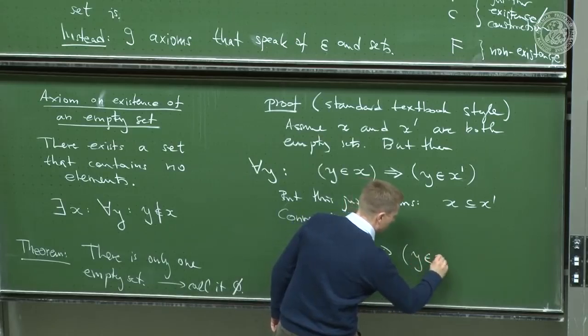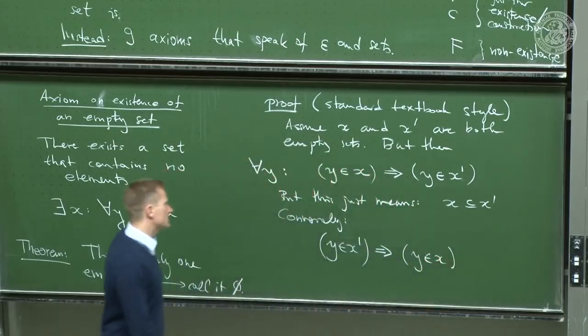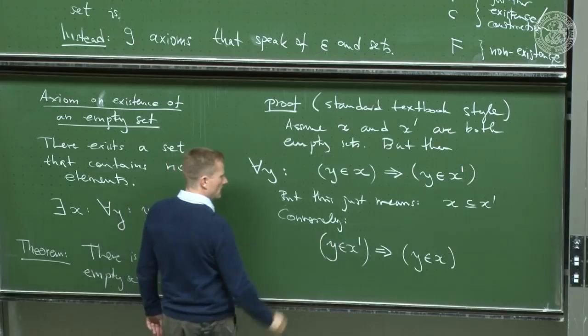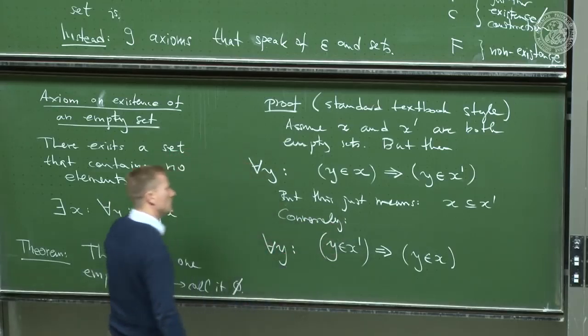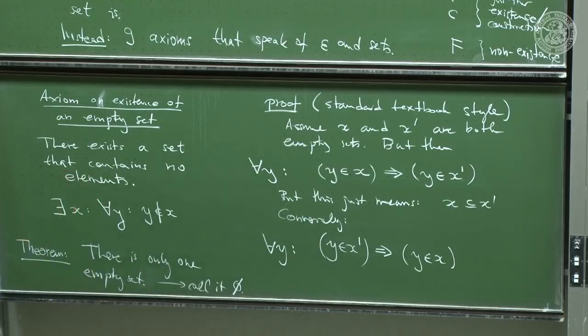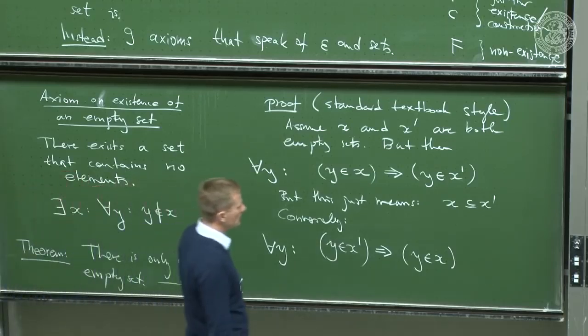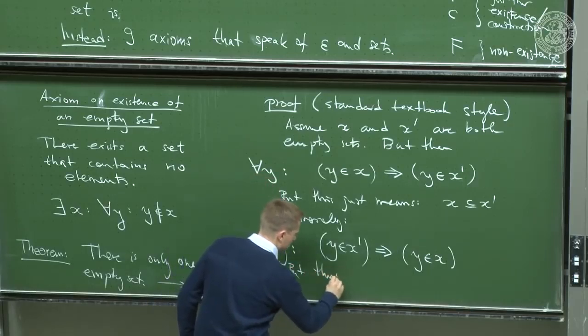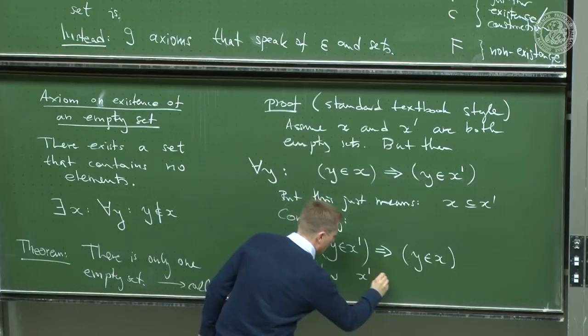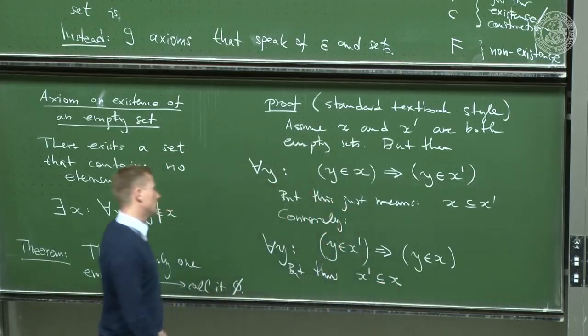I happen to like y element x. Because if this whole implication, this whole proposition is true independent of y, I know that the all quantification of this is true. But this means, thus, x prime is a subset of x.